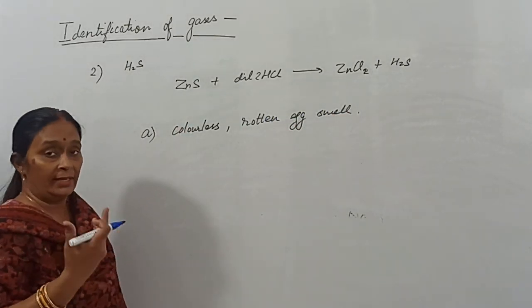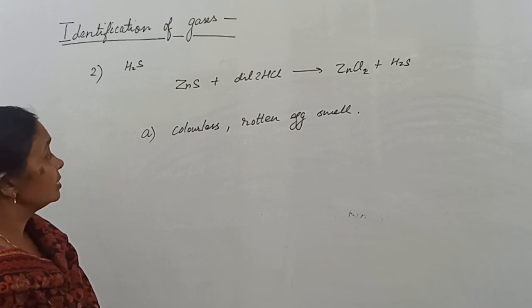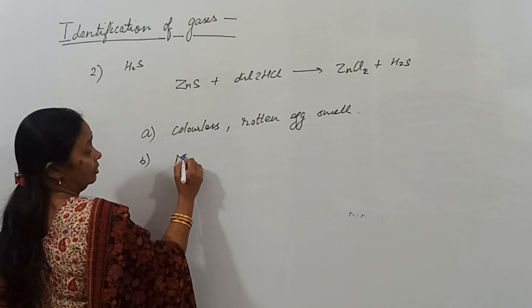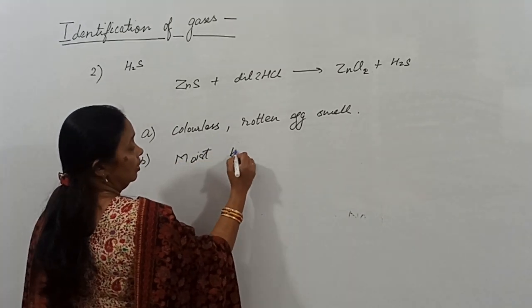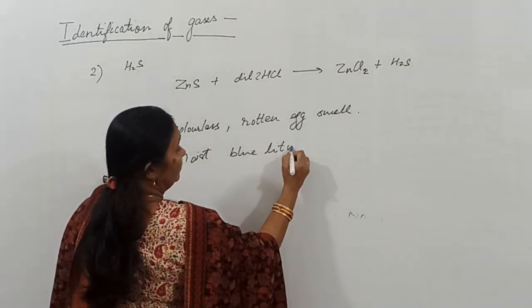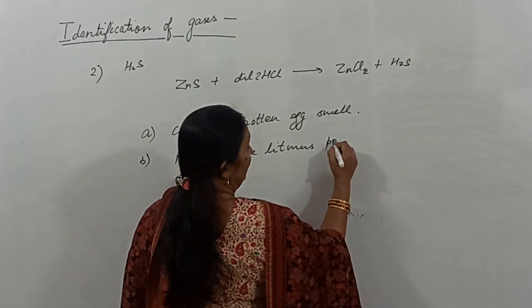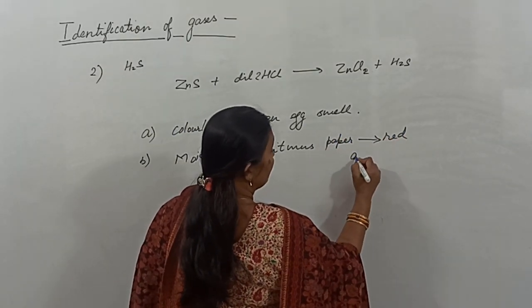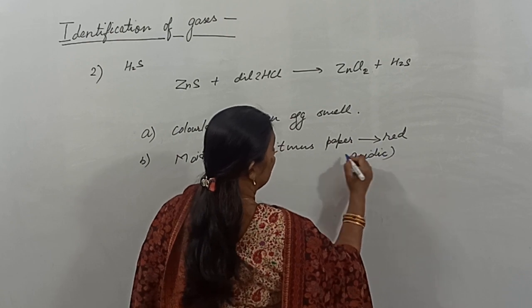Rotten egg smell is there of this gas, and this gas also turns moist blue litmus paper red. That means it is acidic in nature.